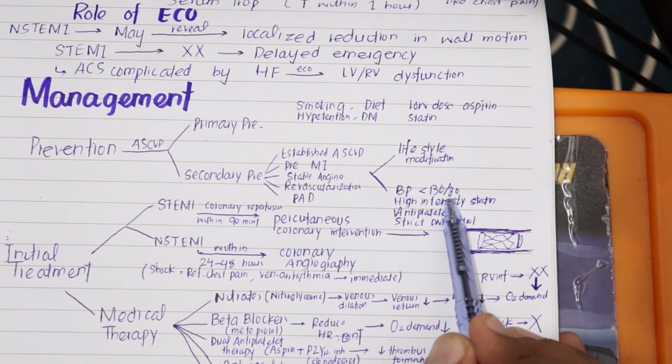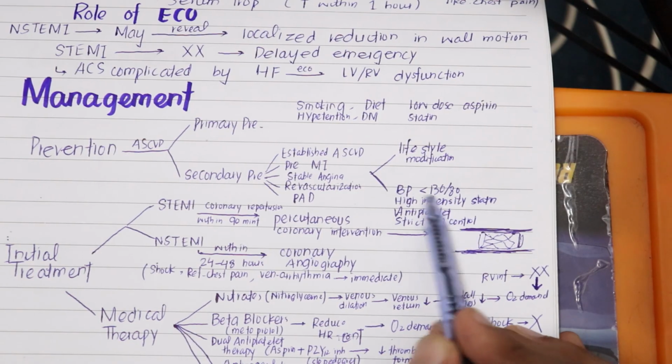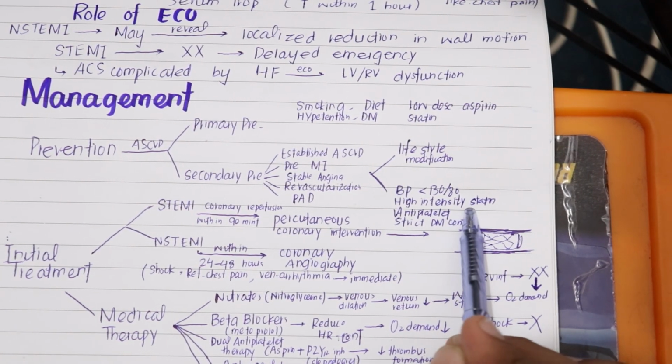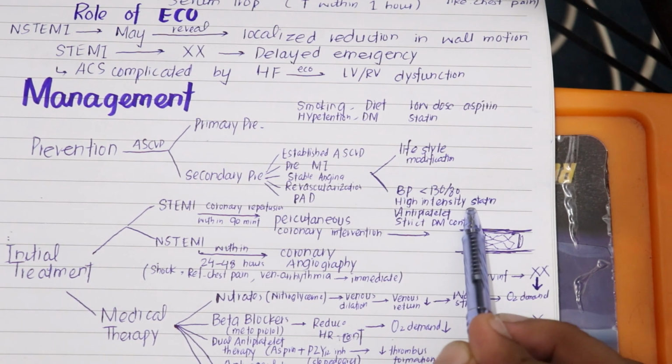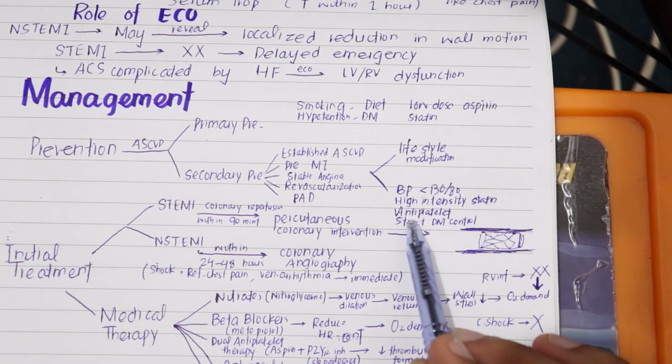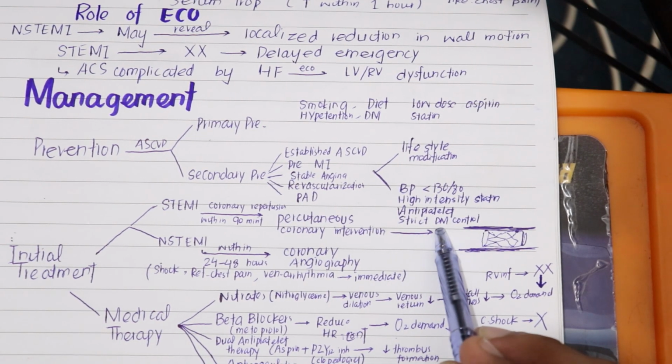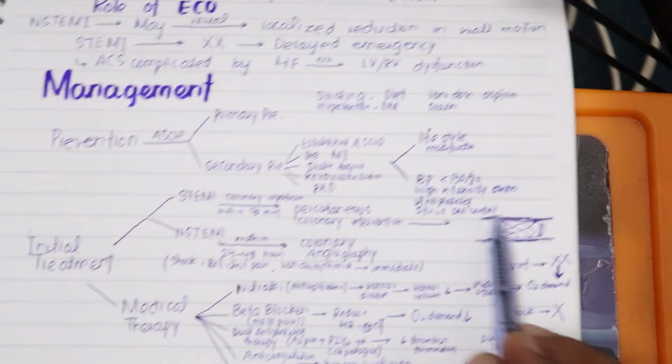If it is higher, take your medicine. Then use high intensity statin, like rosuvastatin or atorvastatin, okay. And there would be antiplatelet therapy and strict diabetes mellitus control.